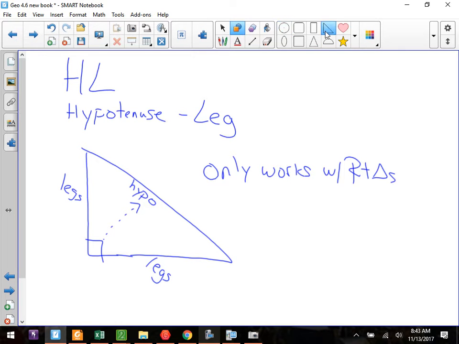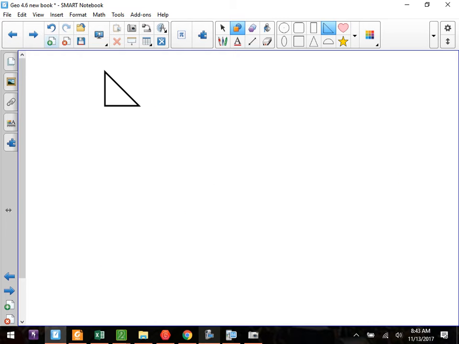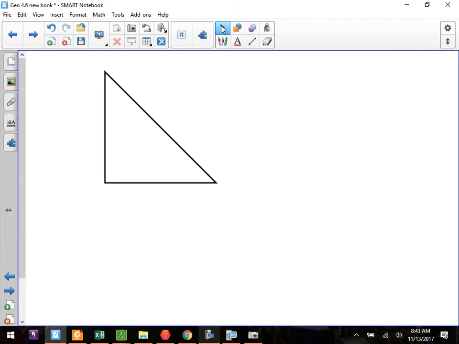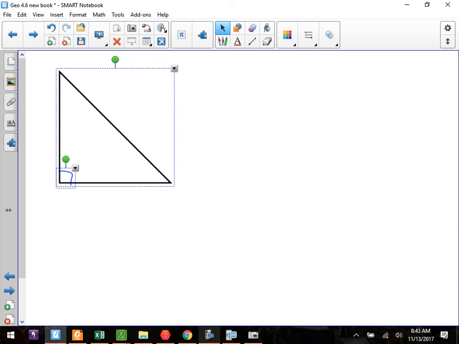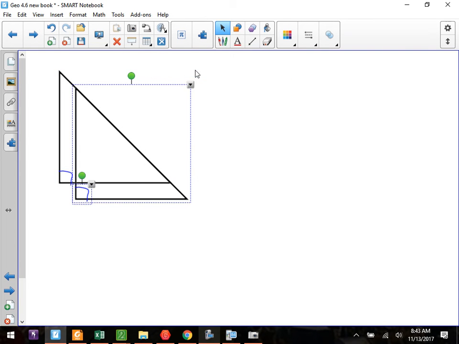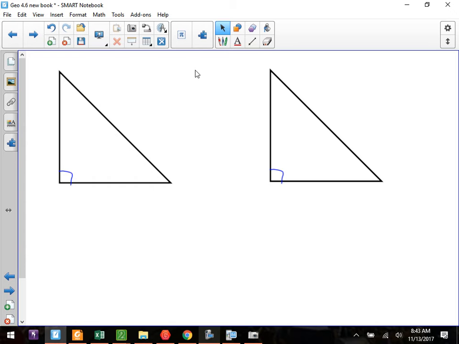The Pythagorean theorem, right? So if you have the Pythagorean theorem, do you remember what it was? So what are your A, B, and C? Do you remember which one's which?